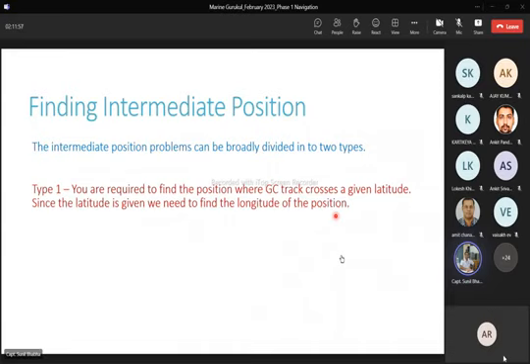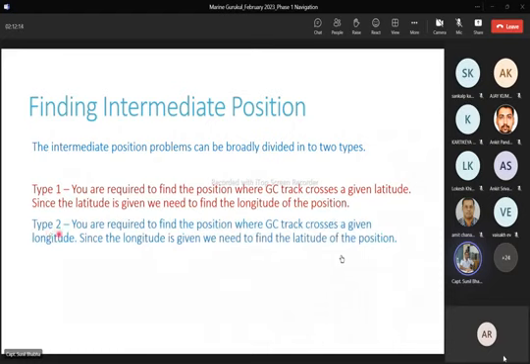So this is type 1. They will give us the initial position, the final position, and an intermediate latitude, and they will tell us to find the position where the great circle track crosses that particular latitude. Now in type 2 questions, you are required to find the position where the great circle track crosses a given longitude. Since the longitude is already given, we need to find the latitude of the position.